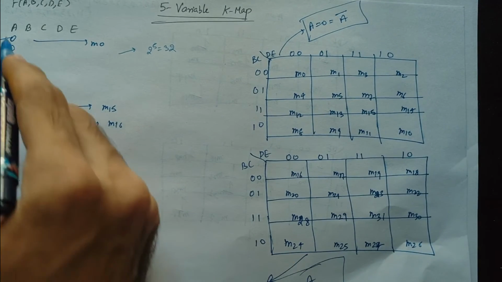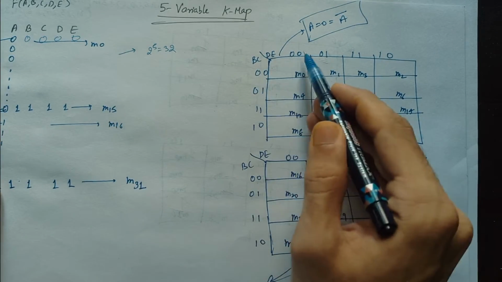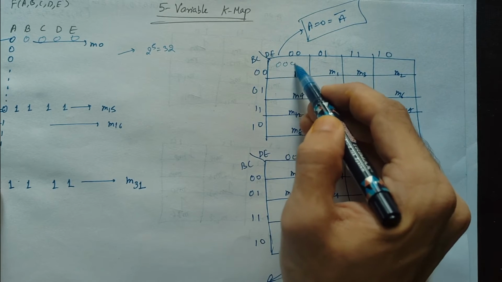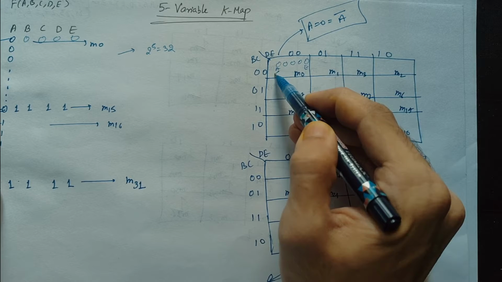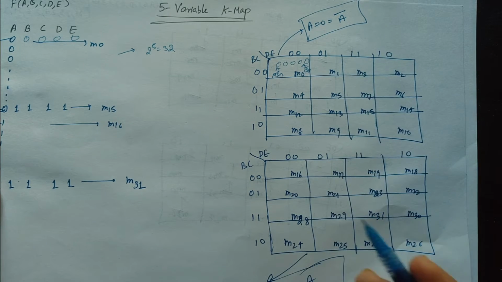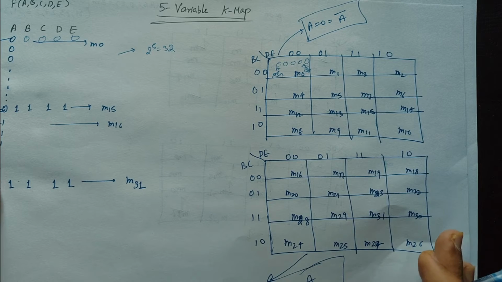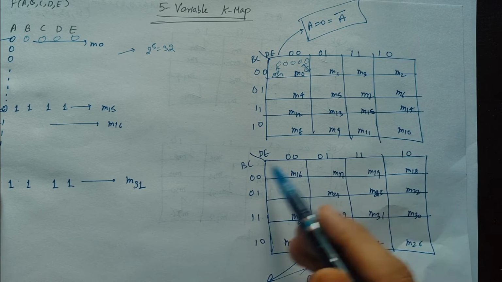Let's suppose this is 0, 0, 0, 0, 0. This is A, this is E, the MSB, and this is the LSB. So the filling is the same as for a 4 variable K-map, just that we are assuming for this K-map A is 0 and for this K-map A is 1.